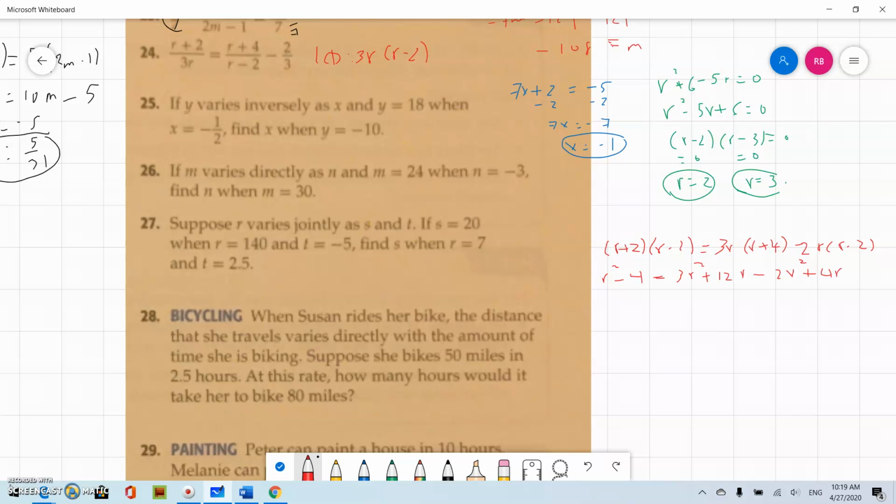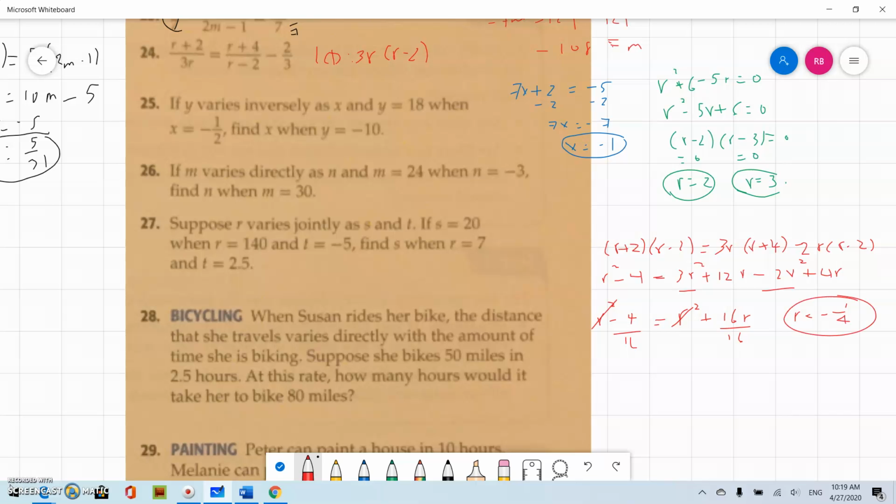And then we combine things together. So 3r squared minus 2r squared is r squared, plus 12r plus 4r is 16r, equals r squared minus 4. So r squared will cancel, and you divide each side by 16, so r is negative 1/4.